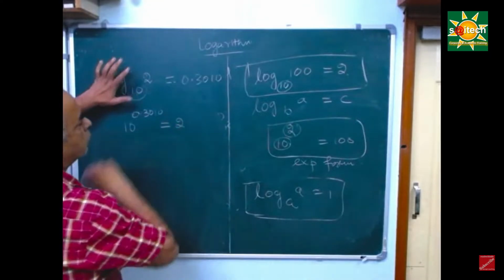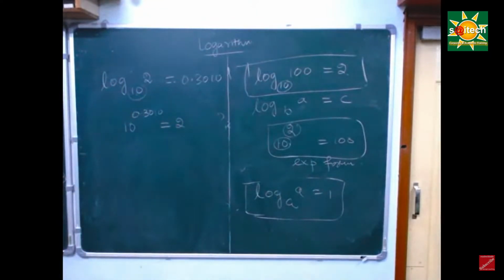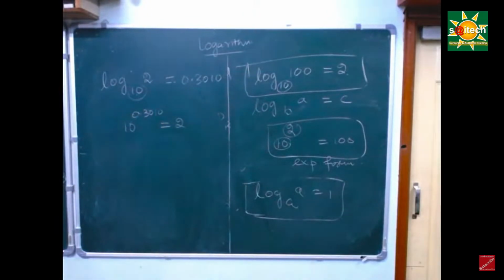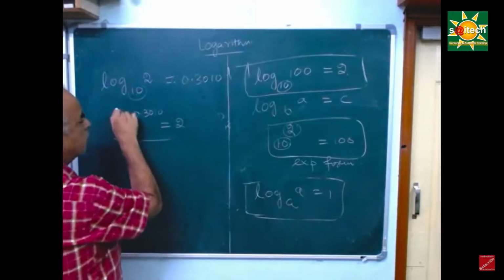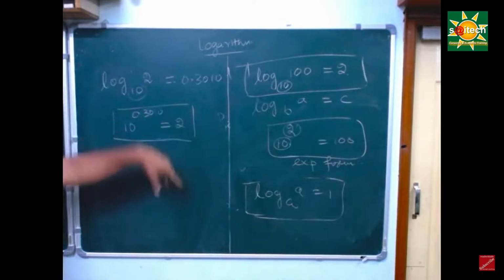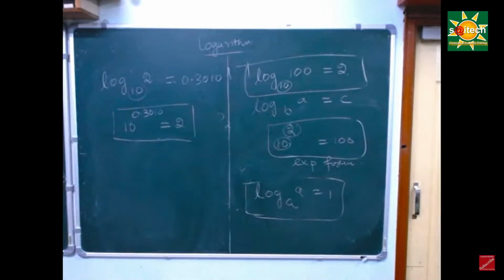That is equal to 2. கரெக்டா? So அப்போ 10 power 0.3010 அப்படிங்கிறதா அதனுடைய value என்னது? 2. ஓகேவா? So இதை தான் logarithmic-ஆக எழுதுகிறப்போ இப்படி ஆகுது.